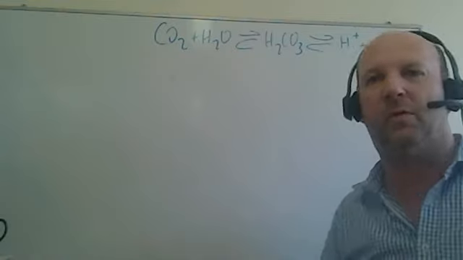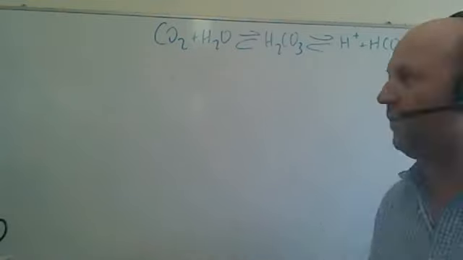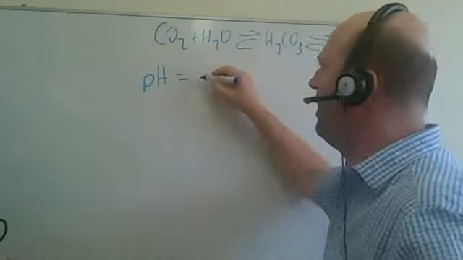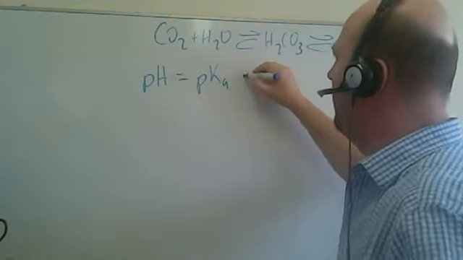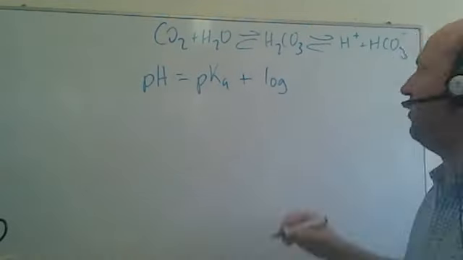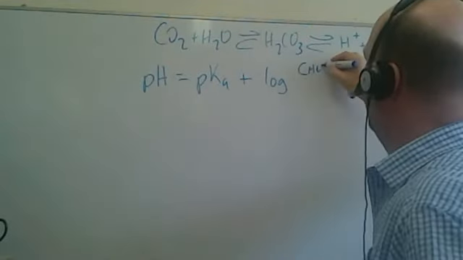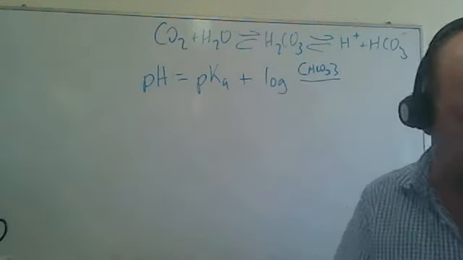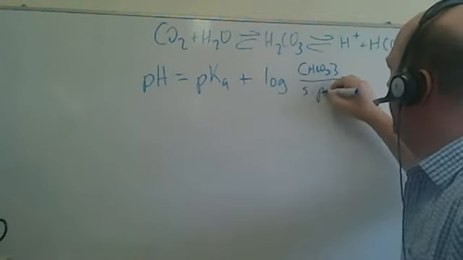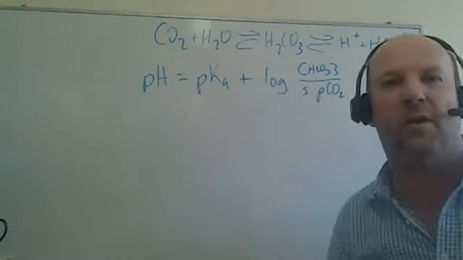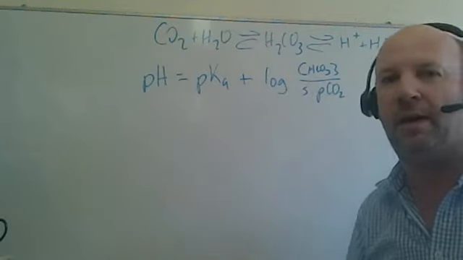And from that, and looking at the dissociation constants and so on, we get what's called the Henderson-Hasselbalch equation, which is the pH is equal to pKa plus the log of the concentration of bicarbonate ions over the solubility of CO2 in your plasma times the partial pressure of the CO2 in your plasma.